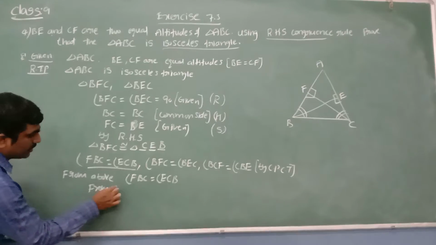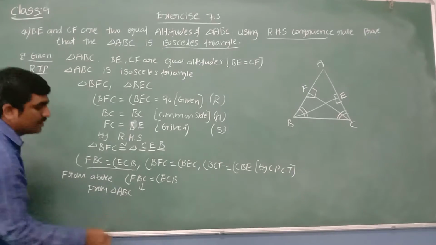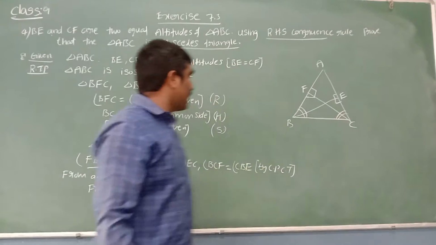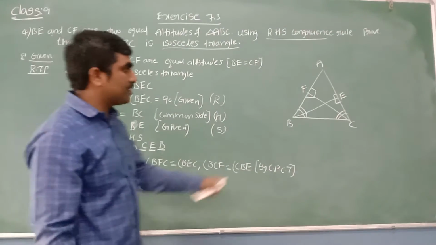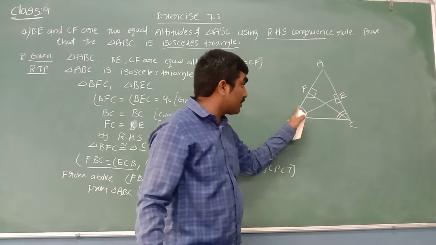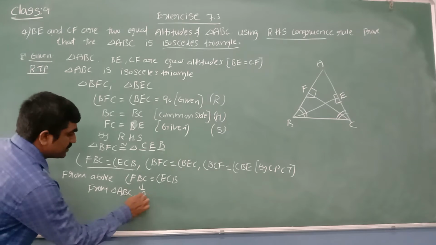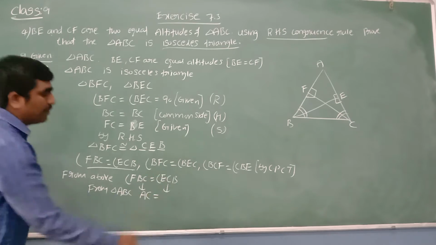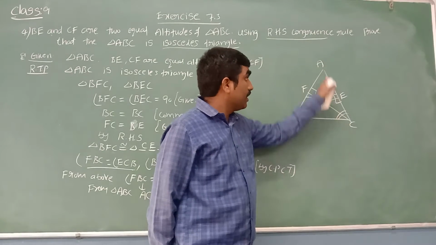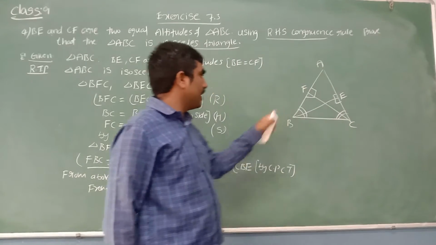From the original triangle ABC, what can we say? What is the opposite of angle B? FBC means we will take the complete angle B. So in triangle ABC, the opposite of angle B is AC. Right here, AC is equal. What is the opposite of ECB? Angle ECB means the complete angle C. In triangle ABC, the opposite of angle C is AB.